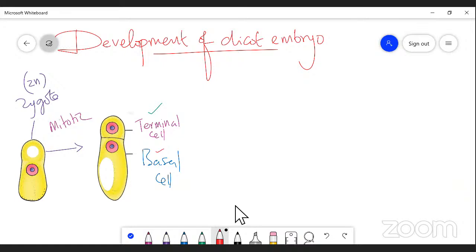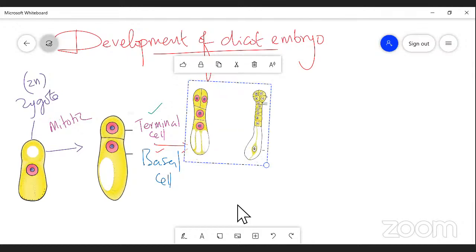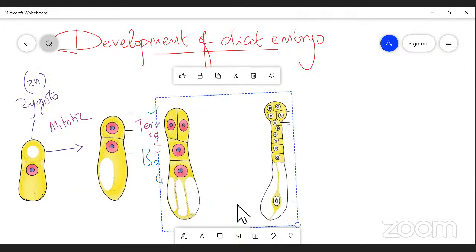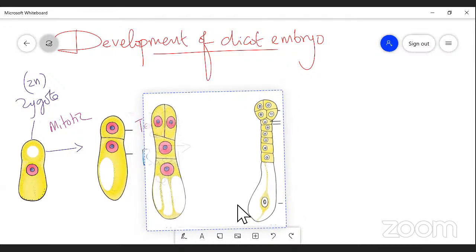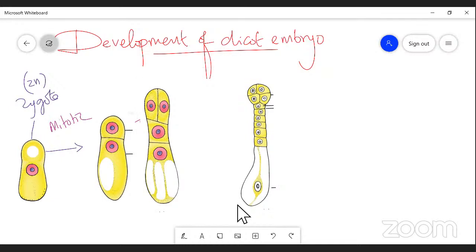Again, this two cell stage of the zygote undergoes mitotic cell division to form another division, the four cell stage. Again, it undergoes division to form, in short, TC and BC. BC means the basal cell, TC means the terminal cell, or upper cell and lower cell.